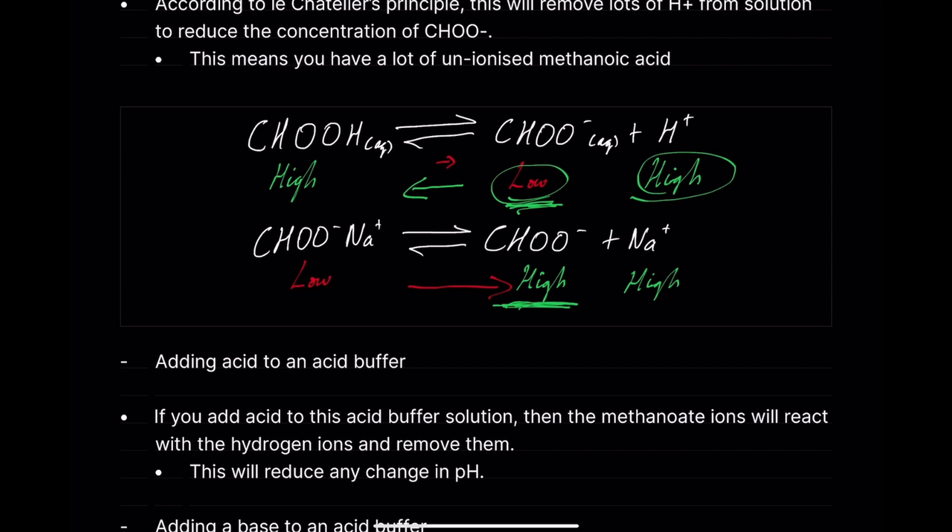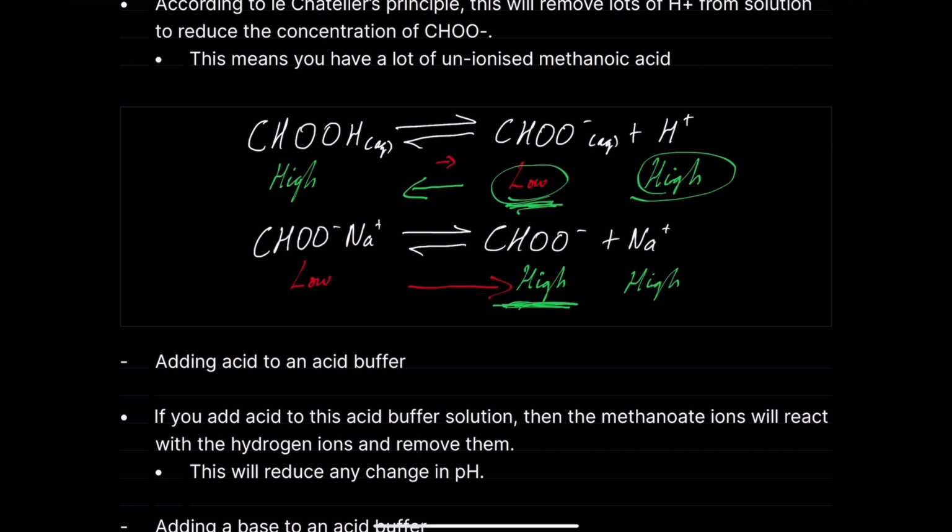We've used H plus to react with the methanoate ions, so we've reduced the concentration of H plus. We've also reduced the concentration of methanoate ions, but not significantly. The methanoate ions have just gone back to the concentration that they already have.